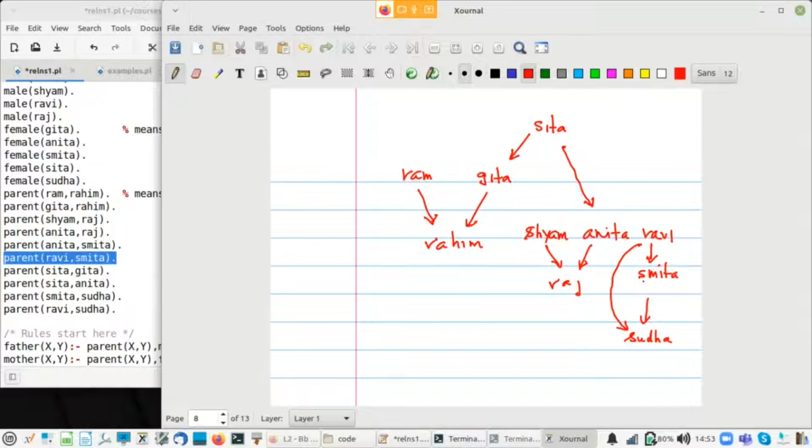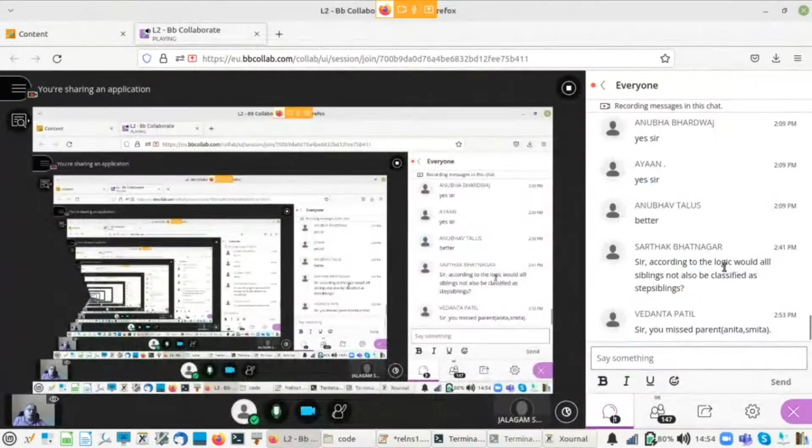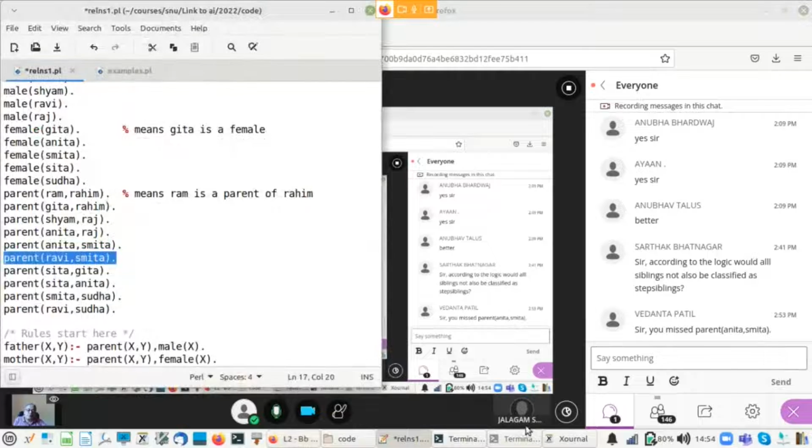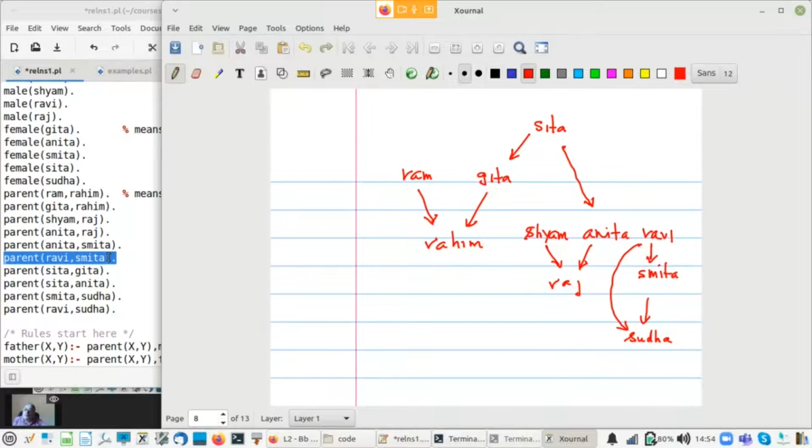Ravi is parent of Smita and Sudha. So, yeah, looks like I have got all of them, the parent relationships. Yeah, just a moment. Parent Anita Smita, you have it. Okay, let me check. Yes, you're right. So, yeah, I added that now.